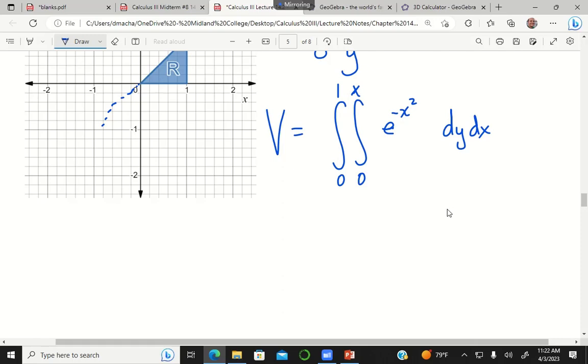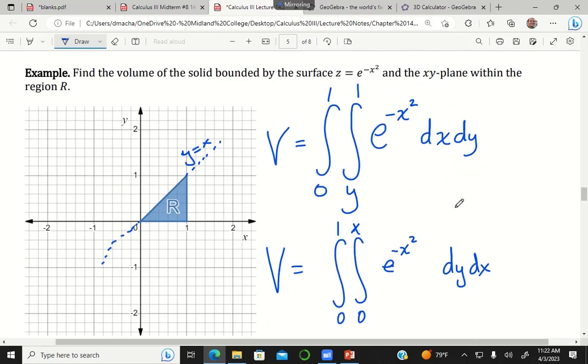I didn't get it. Why do we have to change the order of integration? Okay. So if you tried to solve this problem the first way I wrote it, the first thing you would need to do to take the inside integral is to find the antiderivative of that with respect to x. But what's the antiderivative of e to the negative x squared with respect to x? It turns out there's not one.